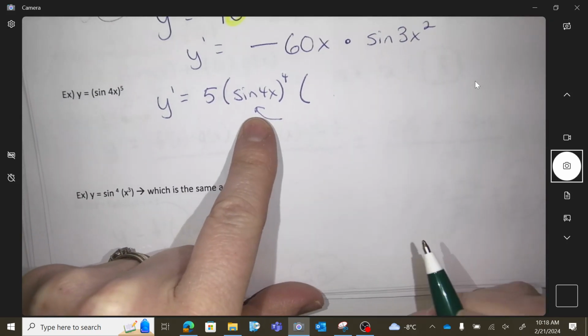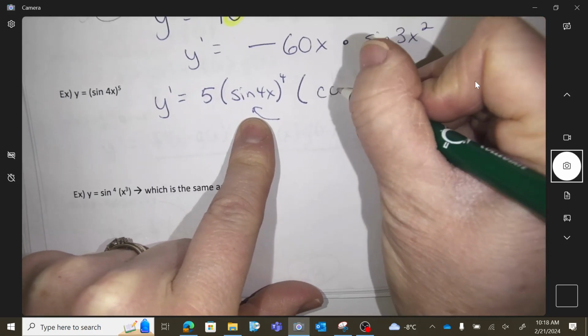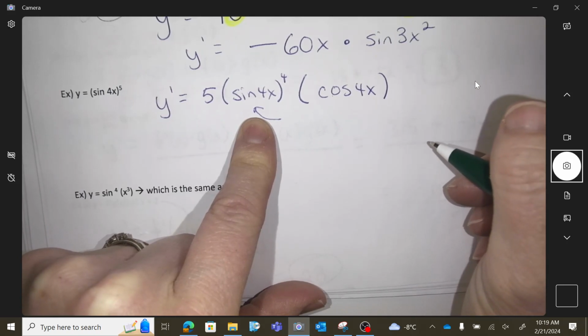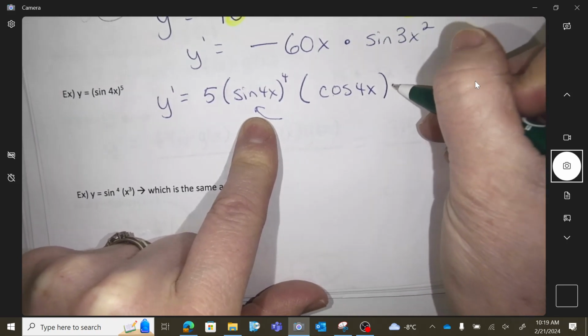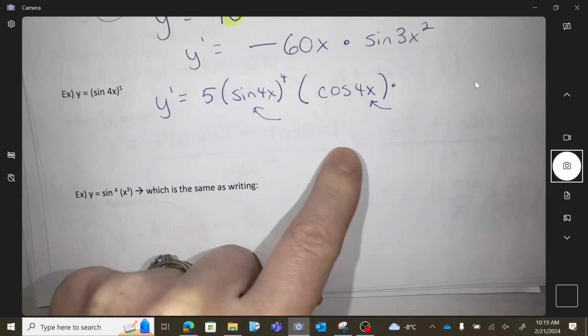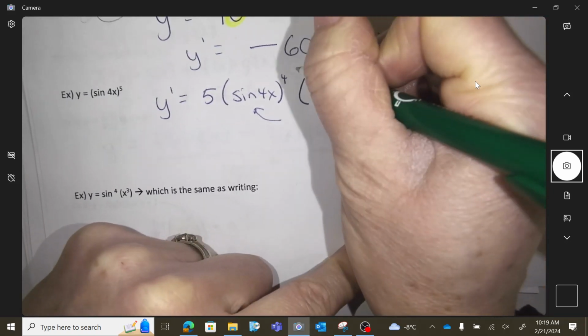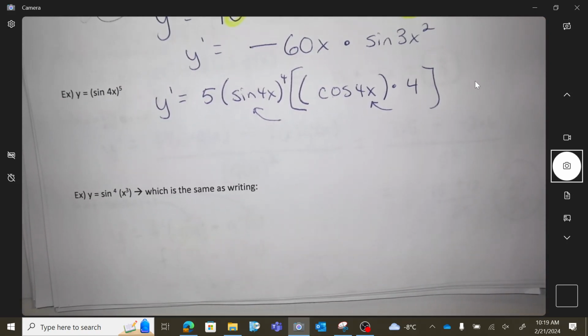So what's the derivative of a sine? Cos of the function times the derivative of just that. Do you see I had to attach and attach? I had 2 attachments on that one.